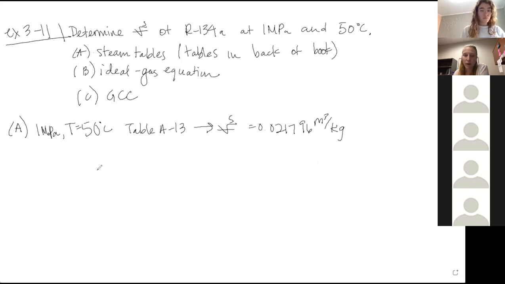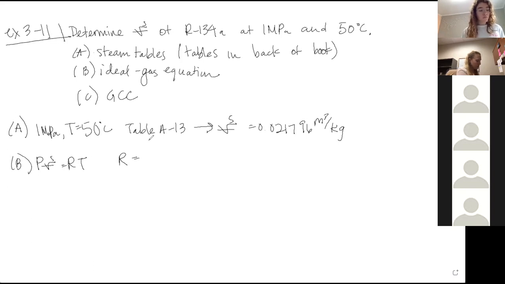And for part B, you're going to use the ideal gas equation. So P times specific volume equals RT. We can look up R in table A1.